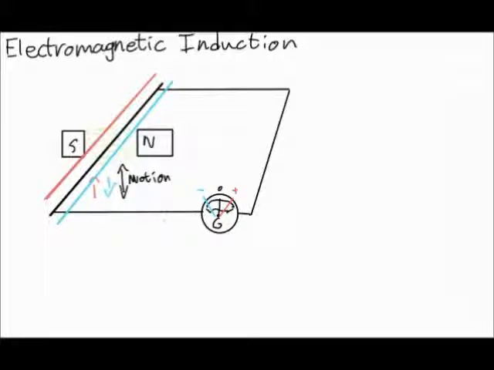The only way to achieve the deflection of the meter and the creation of current in the circuit is by moving the conductor perpendicularly to the magnetic lines of flow to generate current. If it's moved parallel, it will not generate current.